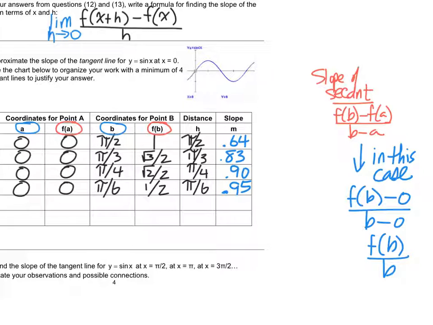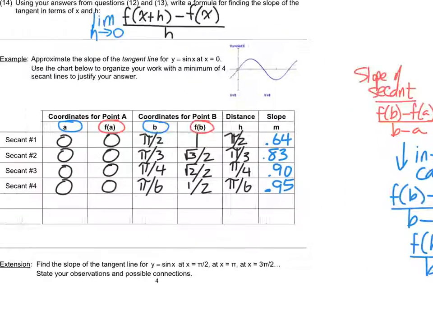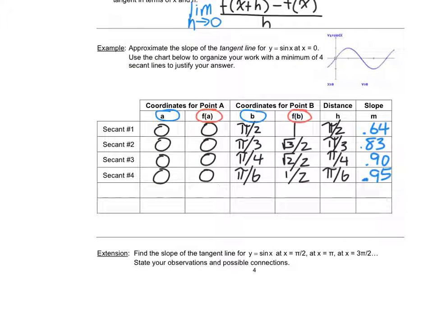So what I want to do is take another couple of points, because I'm not convinced. I'm going to do pi over 12 and pi over 24. You can do whatever you want, you just need something smaller and smaller.